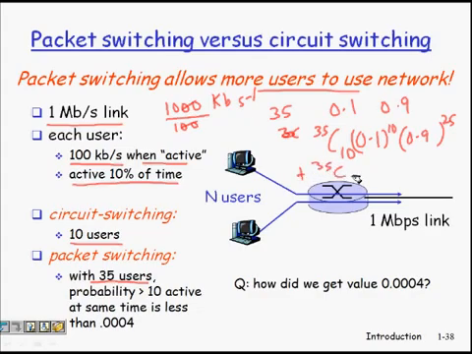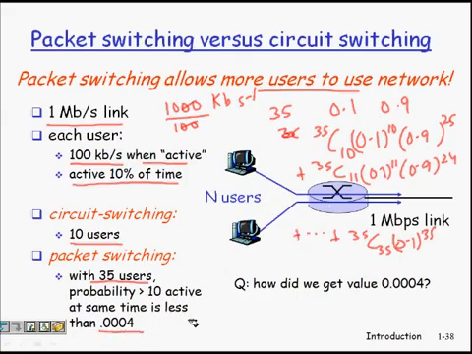If there are 11 active users, it is 35 choose 11, times 0.1 to the power of 11, times 0.9 to the power of 24, and you go on till 35, when all the users are active, so 0.1 to the power of 35. If you sum this up, it comes out to be 0.0004, which is 0.04%, the probability that more than 10 users will be active.